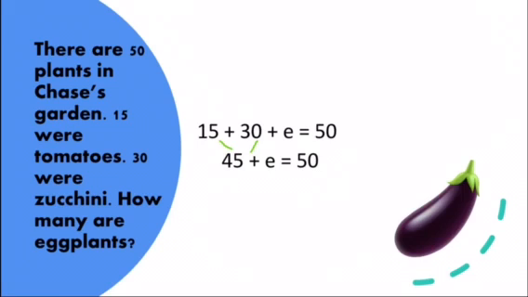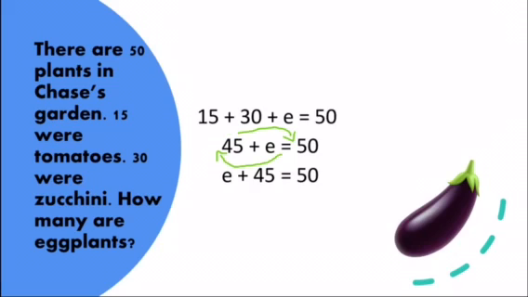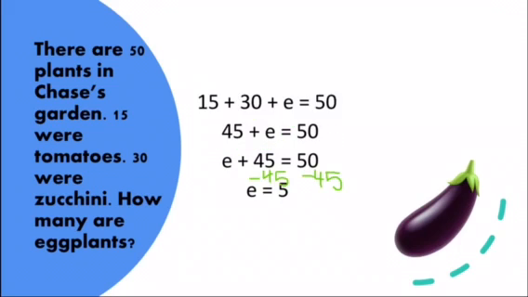To solve our equation, we start with the order of operations. We add 15 and 30 to get 45. Our equation now says 45 plus e equals 50. Now we use the commutative property to switch around 45 and e to get e plus 45 equals 50. We now need to do the inverse operation of addition, which is subtraction.